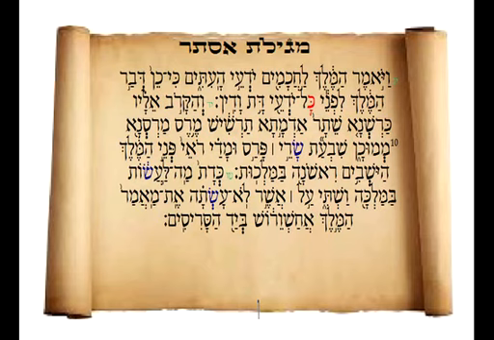And the closest ones to him, and now they have a list of 7 wise men, are Karshena, Shetar, Admata, Tarshish, Meres, Marsena, and Memuchan, the 7 officers of Persia and Media who see the face of the king and sit in the first row of the empire. What, according to the law, should be done with the Queen Vashti because she did not obey the orders of the King Ahasuerus that were given by the ministers?